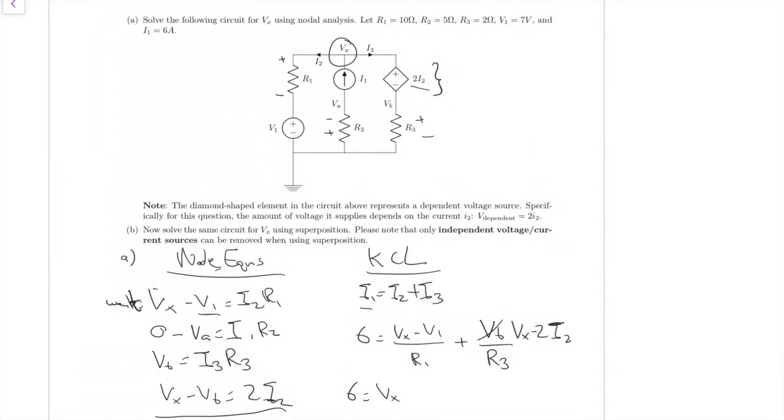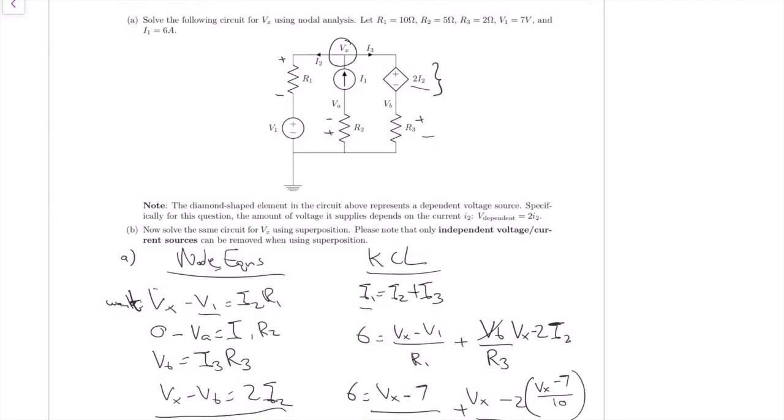So V1 is 7 volts, and R1 is 10 ohms, plus Vx minus 2 times I2. So this is minus 2 times the quantity right here. So that's just, again, going to be Vx minus 7 over 10.